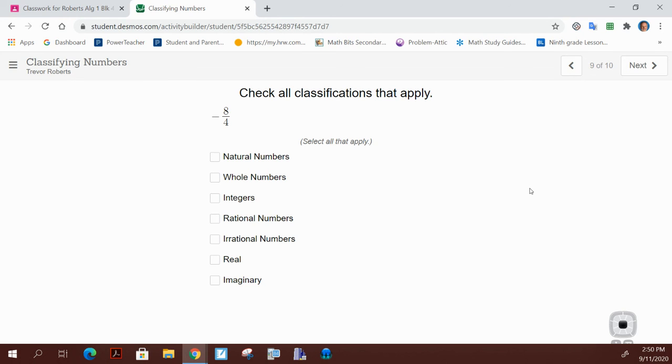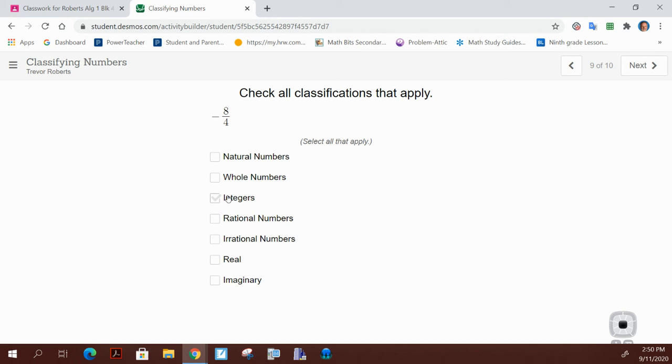Last one, and this one's going to be a little bit tricky. I want to be sure we get this right. 8 divided by 4 is what? 2. And this is a negative number because there's a negative sign sitting out front. So instead of this being 8/4, it's actually -2.